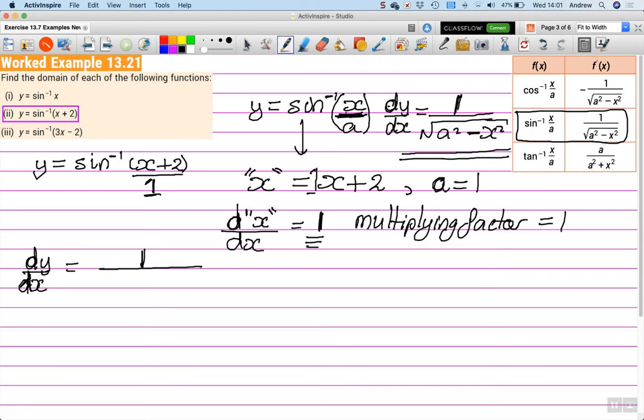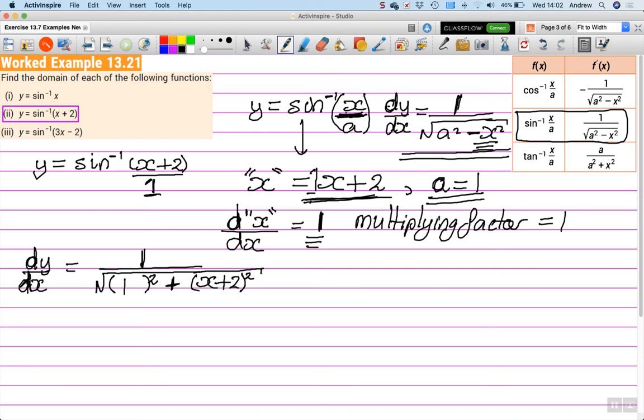And then it's a square root symbol, and then it's open bracket, and inside the first open bracket is the value of a, and the value of a from our working out is 1, which we're then going to square, plus, and then inside our second bracket is our value of x. Well, we already know that our value of x for this formula is going to be replaced by x plus 2. So we put x plus 2, and of course that is to be squared.